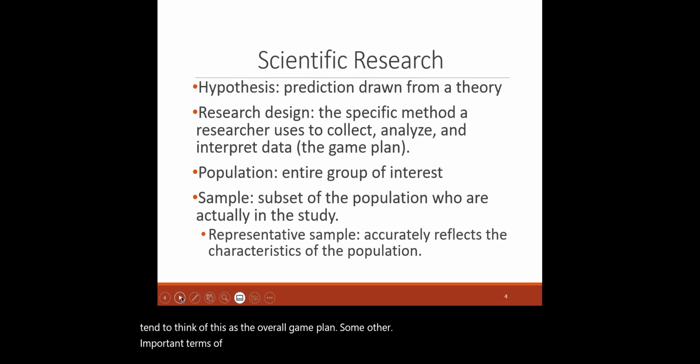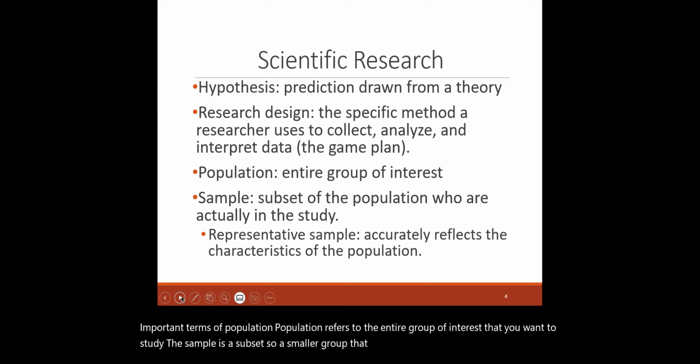Some other important terms, population. Population refers to the entire group of interest that you want to study. The sample is a subset, so a smaller group that we get from the population through random sampling.